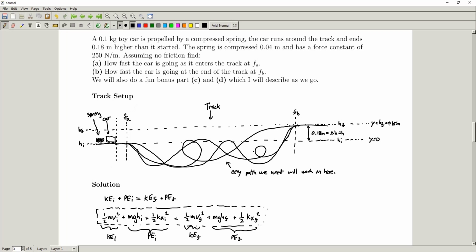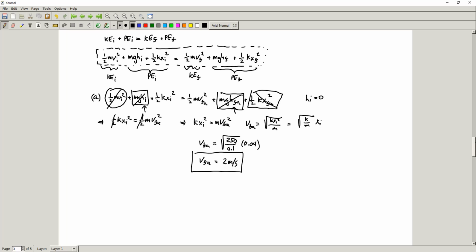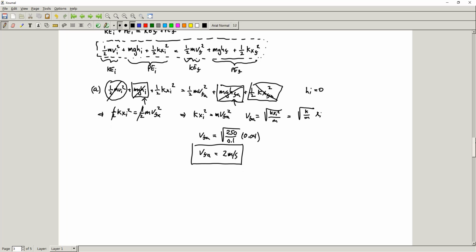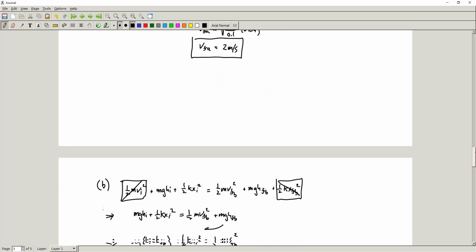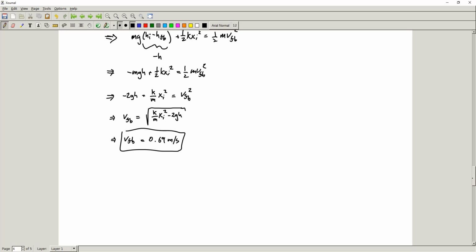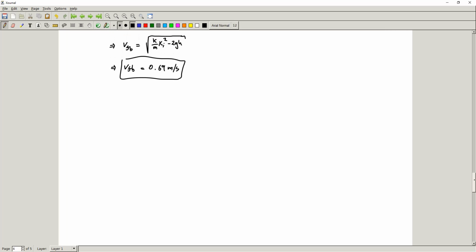It then goes through this track, and the track is frictionless, so it's not losing any kinetic energy, but it ends up higher up than it did when it started. It's 0.18 meters higher up than it was when it started, and so there's some energy stored as potential energy in it. So you would expect its kinetic energy to drop, i.e., its velocity to drop, and that's what we find. We had a velocity at point final A of 2 meters per second, and at point final B we're at 0.69 meters per second. So that's great. That's what we would have expected.